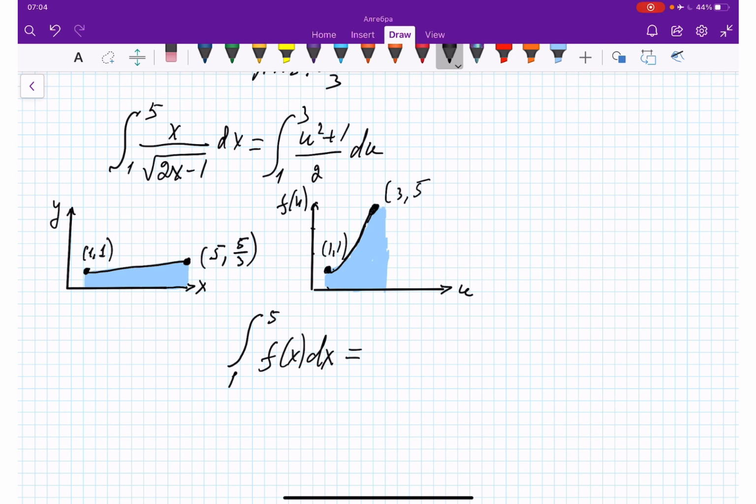When we substitute, we get, for example, from 1 to 0, with some negative sign, for example, and we get f of u du. We replaced it with f of u du, and as you can see, the upper and lower limits flipped: the higher limit became the lower limit, and the smaller number became the higher limit.